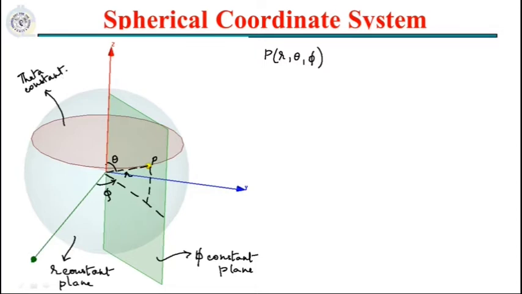Anywhere that you travel on this theta plane, the value of theta will remain the same. It is with respect to the z axis, the value of theta remains the same. So it is the theta constant plane.